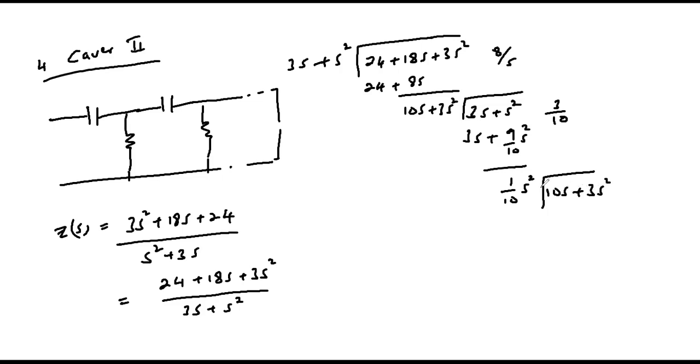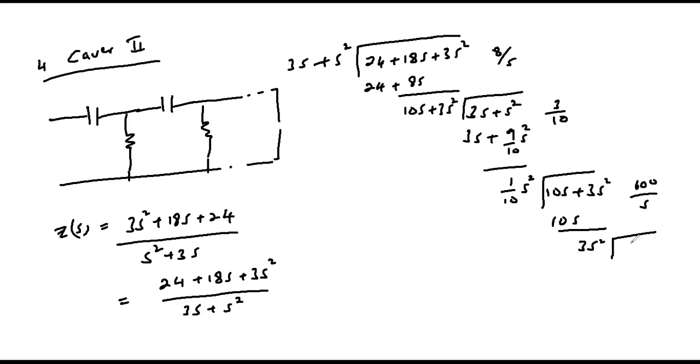To get 10S from 1 over 10S squared, I need to multiply this by 100 over S. You multiply 1 over 10S squared with 100 over S, we get 10S. The difference is 3S squared.